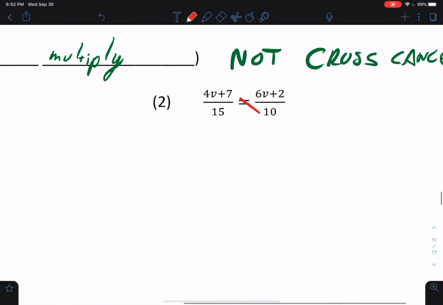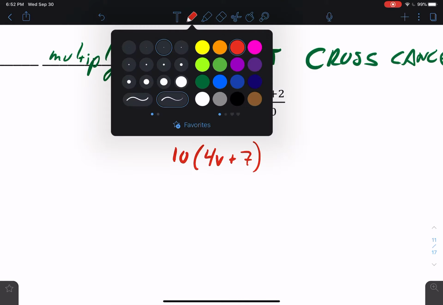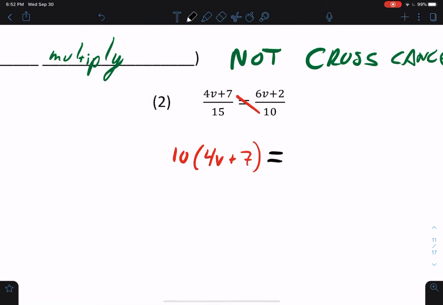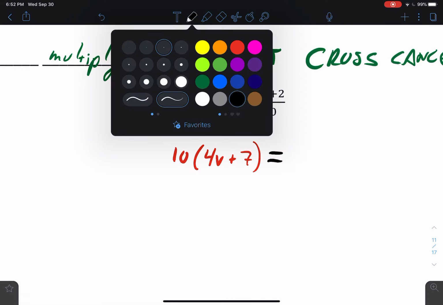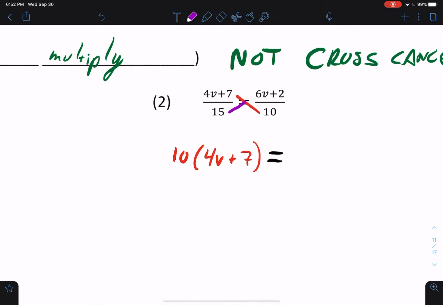Cross multiply, so I'm taking 10 times all of 4v plus 7. I need to remember my parentheses there because we're taking 10 times that entire expression. Drop the equal sign. And then for the next cross, we're taking 15 times all of 6v plus 2.